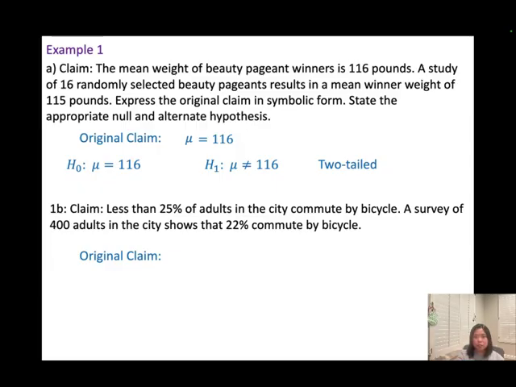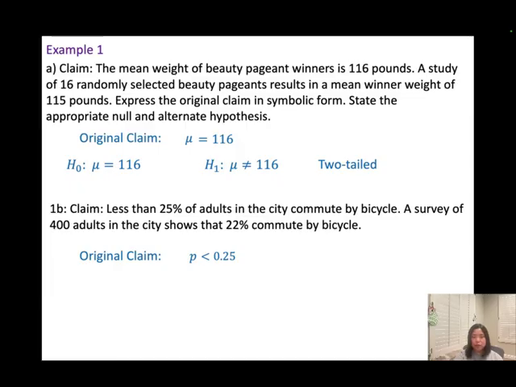When the question never mentions the mean or standard deviation, that will be the proportion. So we're going to put the P here. And then they say less than 25%. So this is the claim statement. Less than, that will be strictly less than 0.25.